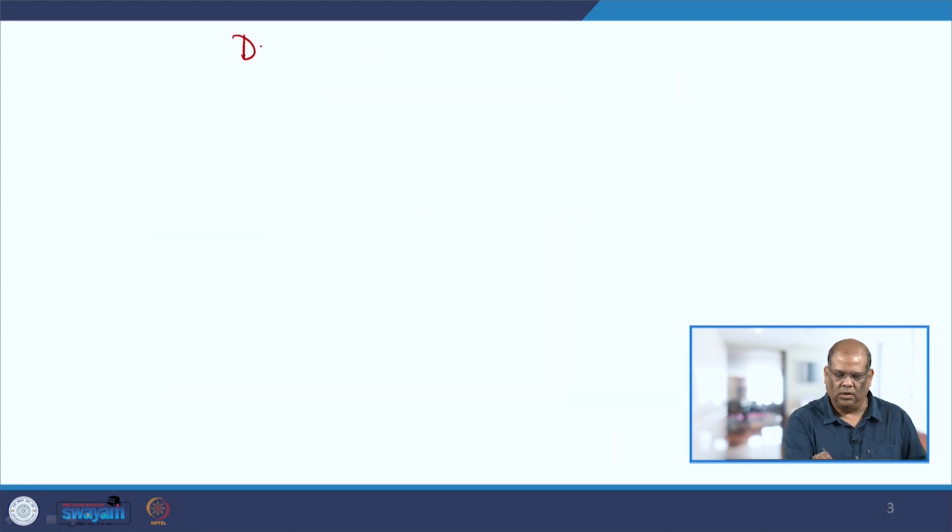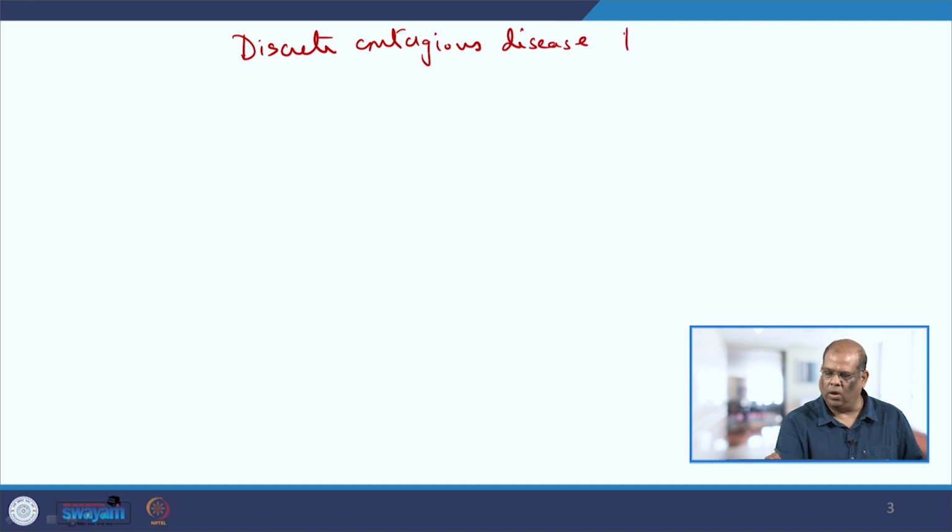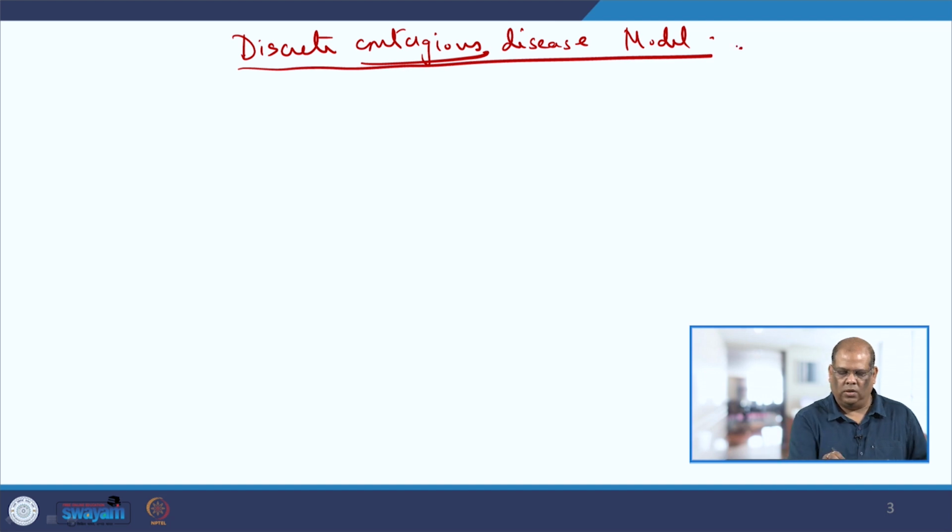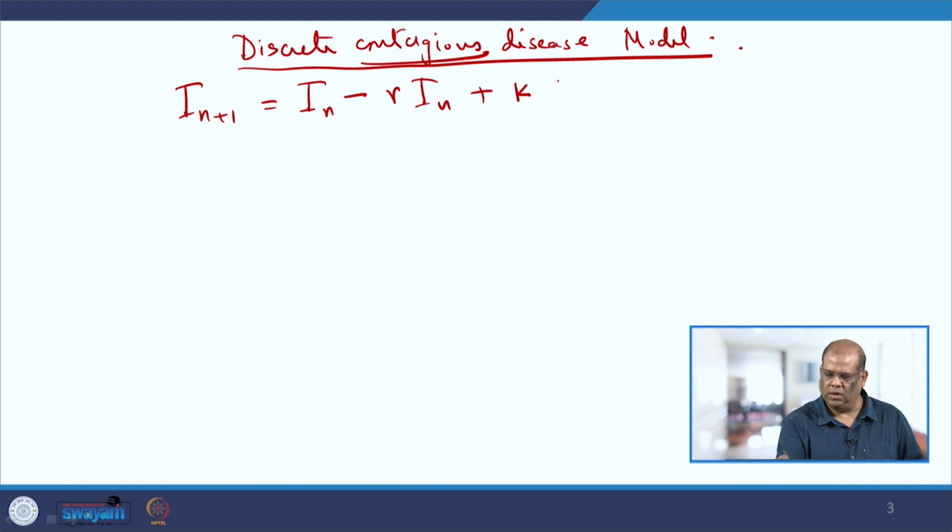So, a discrete contagious disease model. Contagious means infectious. So, it is I_{n+1} equal to I_n minus R times I_n plus k times I_n into N minus I_n.